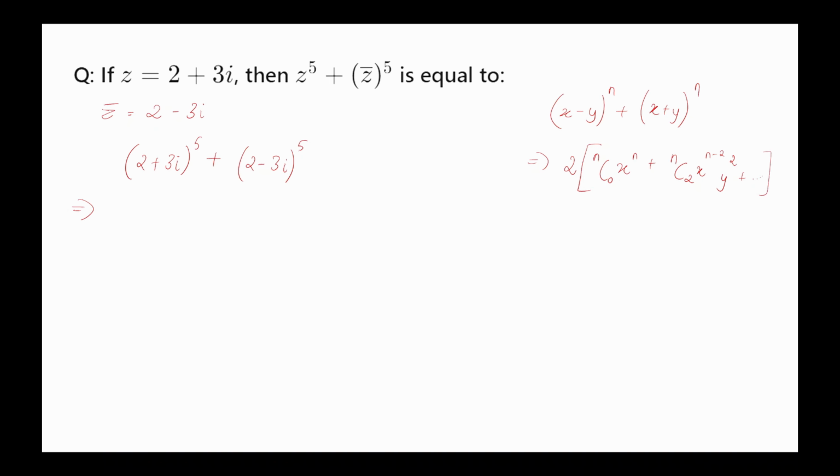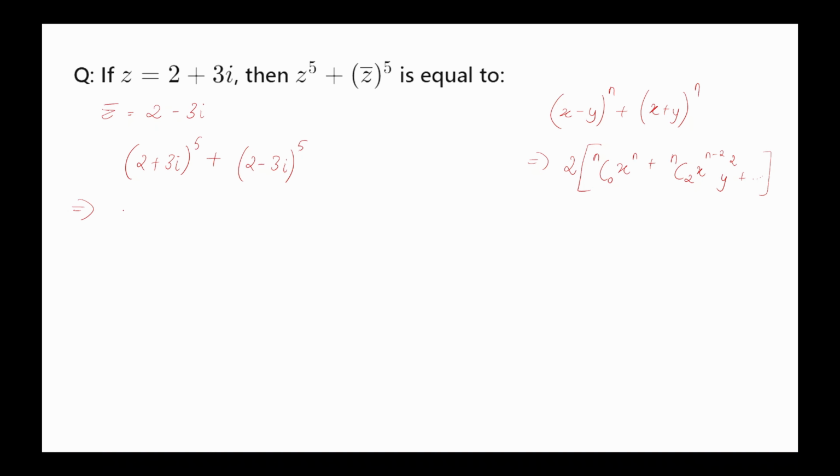We are going to have all the even terms in my combination, because all my odd terms would be cancelled out, since in one of the expansions I have minus y and in the other I have plus y.